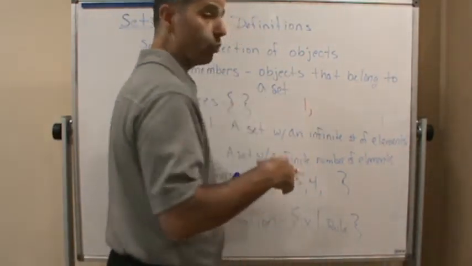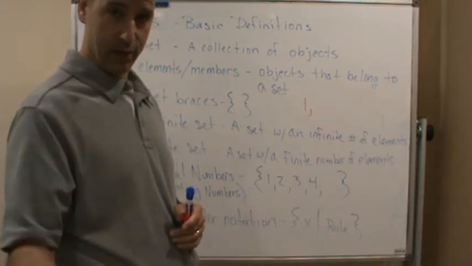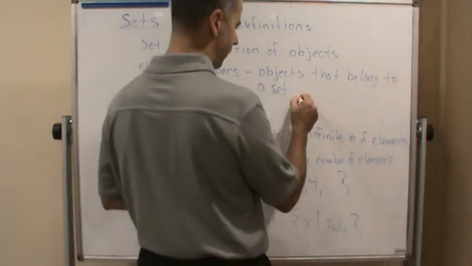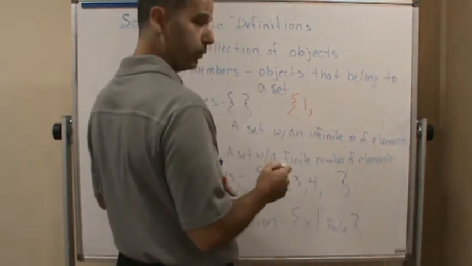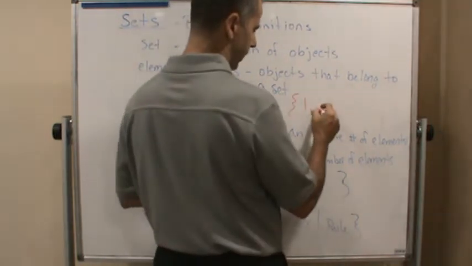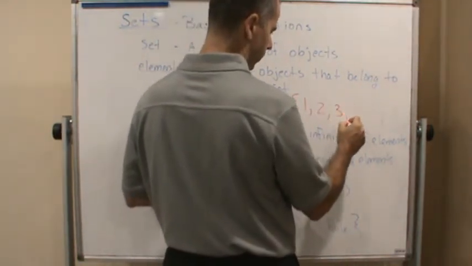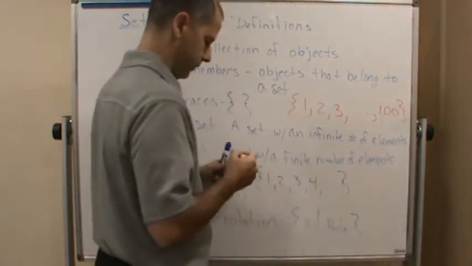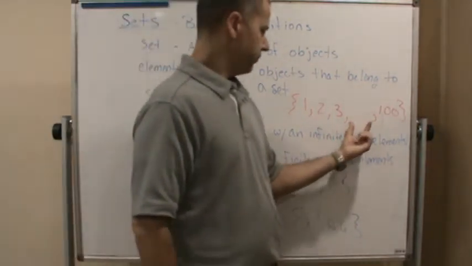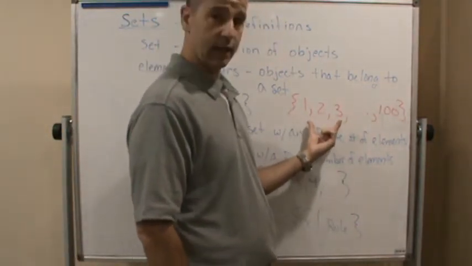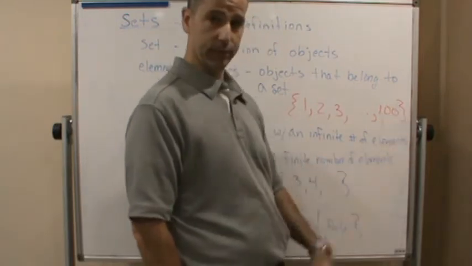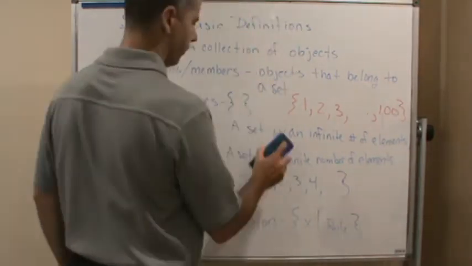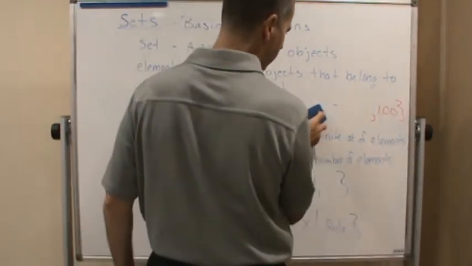If I want to represent the set of all natural numbers from 1 to 100 and I don't want to write all the numbers out, I would write it like this: 1, 2, 3, and so on up to 100. So in this case, the ellipsis means this continues in like fashion and then up to 100. So again, that's another way to write sets. Again, just notation-wise.